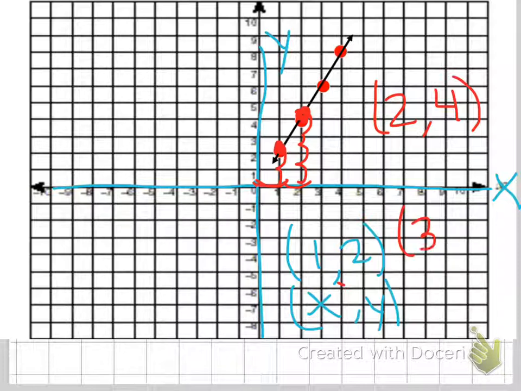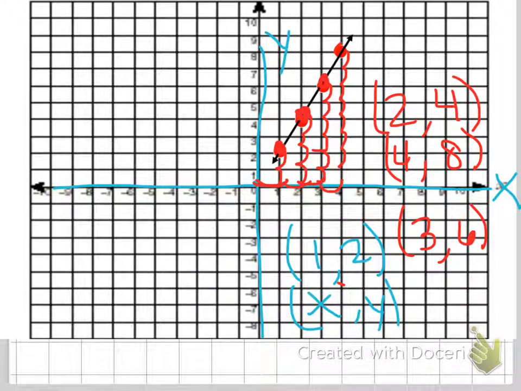That's your ordered pair 3, 6. So you go over to your 3 on your x value, and then 3, 4, 5, 6. Okay, and then again on this one we'll do 4. Your ordered pair is 4, 8. 1, 2, 3, 4, 5, 6, 7, 8.